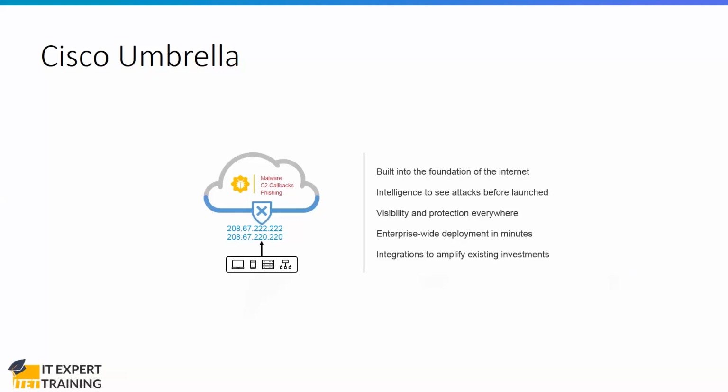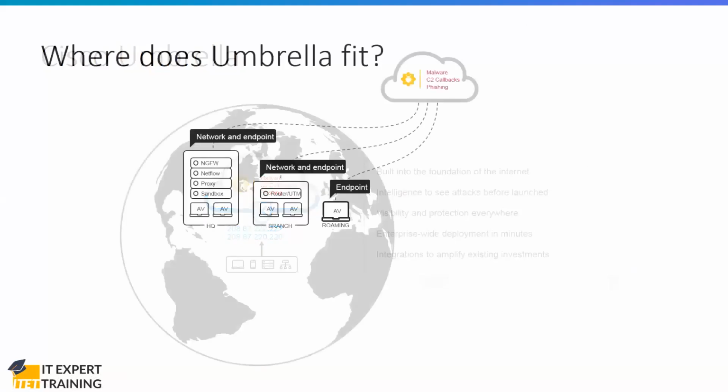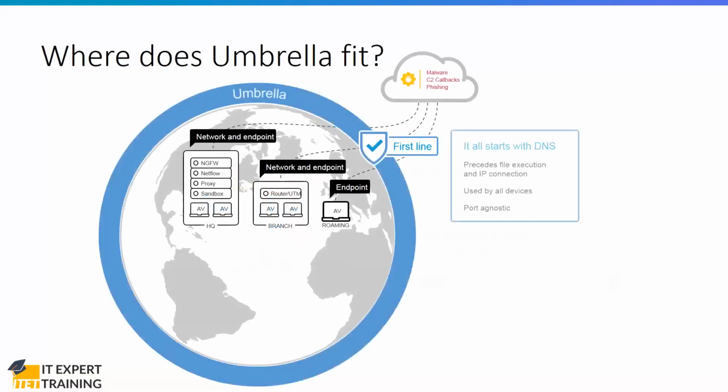Now let's look at where you can fit Umbrella within your environment. Think about where you enforce security today. You have different kinds of internal designs: network and endpoint.